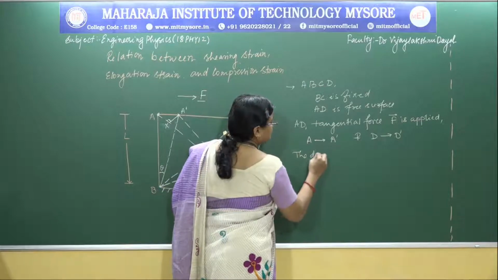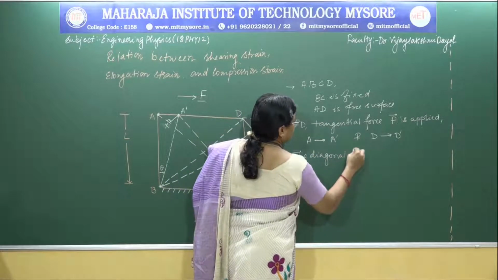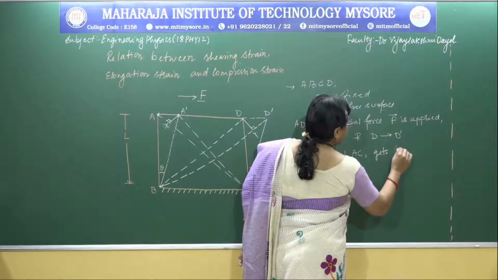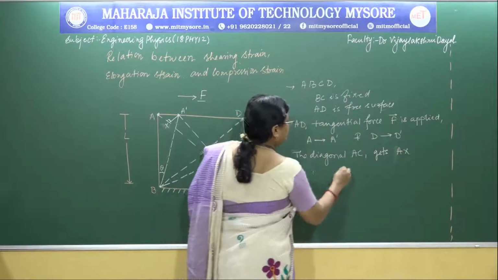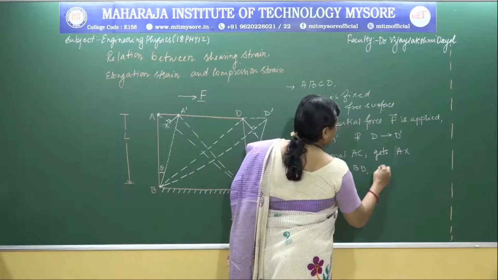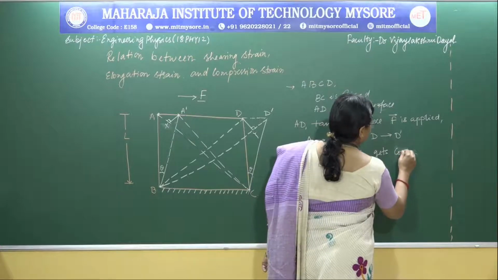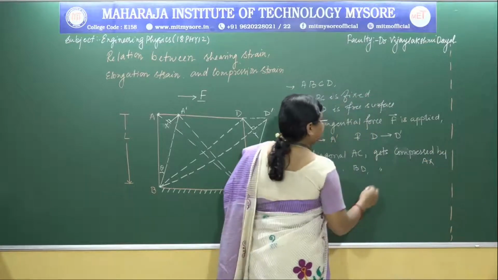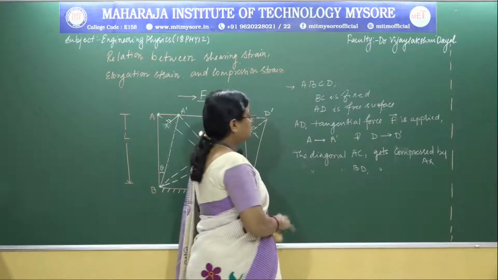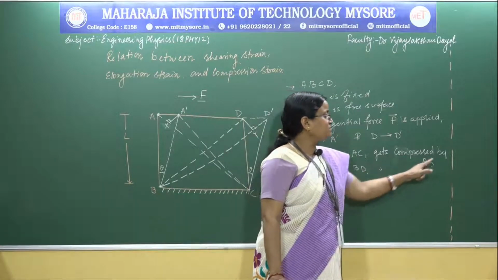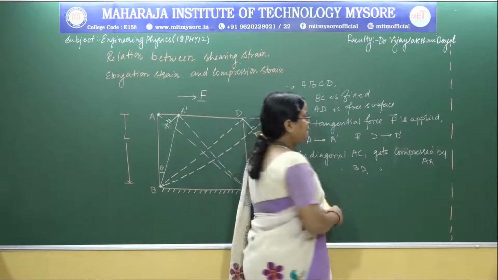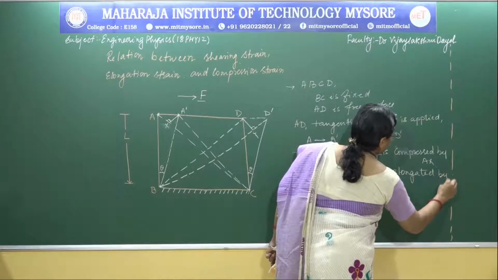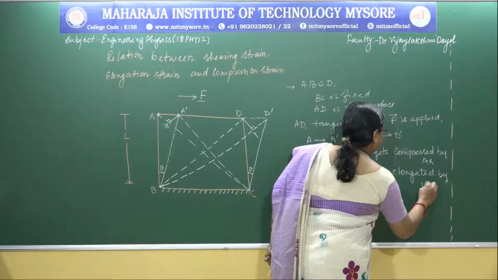The diagonal AC gets compressed by AX and the diagonal BD gets elongated by YD dash.